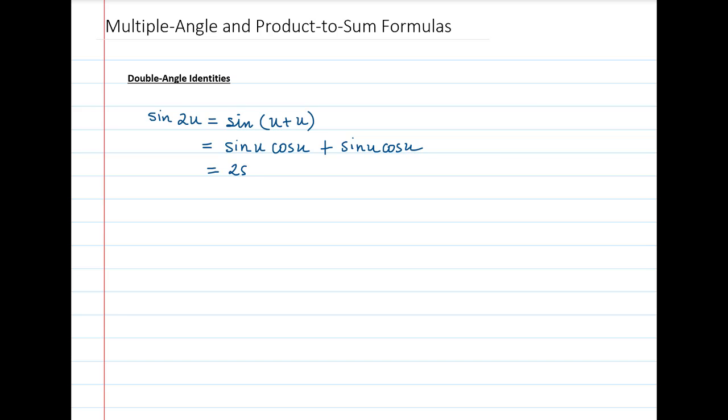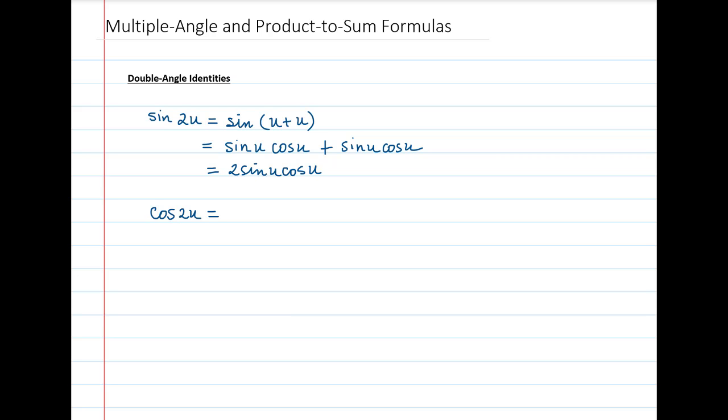So we can use sine of the first one times the cosine of the second one plus sine of the second one times cosine of the first one. But in this case, the first angle and the second angle, they're both the same. So we have sine of u cosine of u plus sine of u times cosine of u, which is the same term. So we put it together and have 2 sine of u times cosine of u.